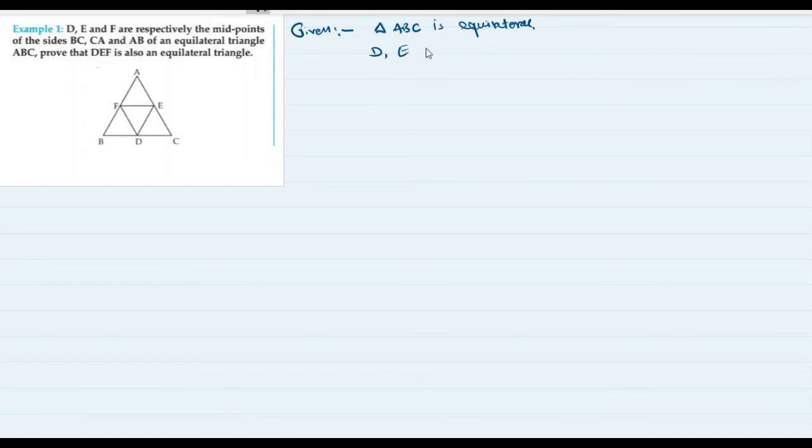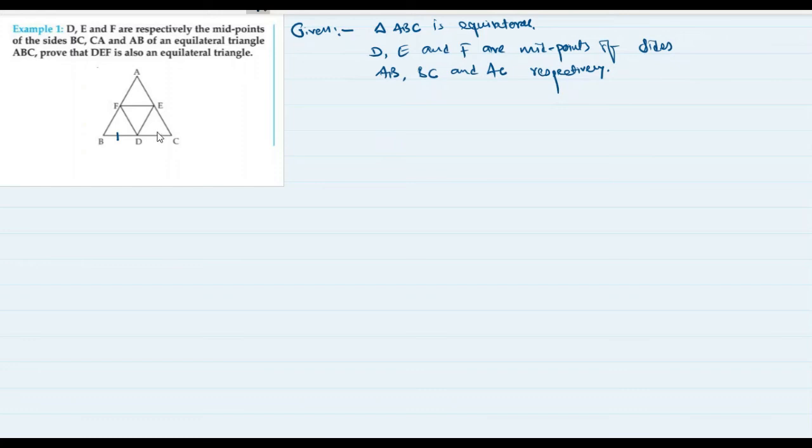D, E and F are midpoints of sides AB, BC and AC respectively.